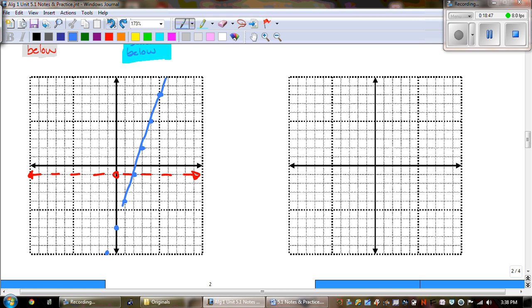There we go. And once again, we're going to label all the sections. So there's 1, 2, 3, 4.